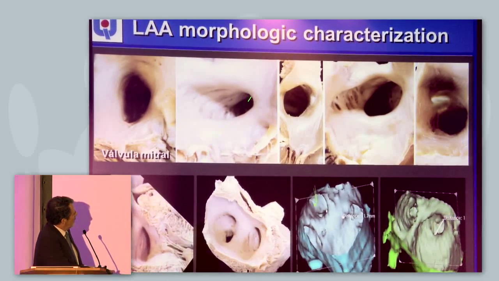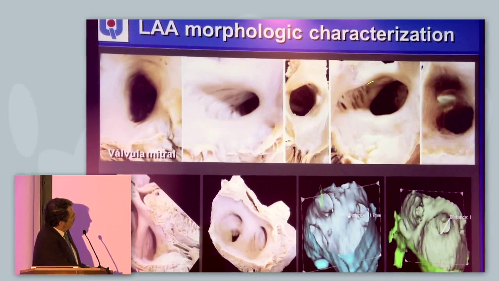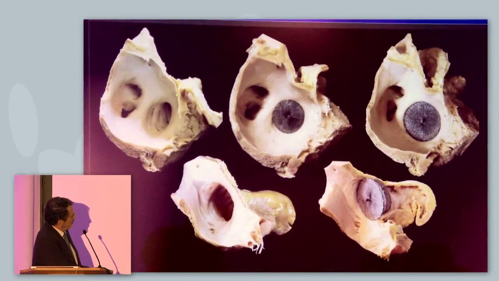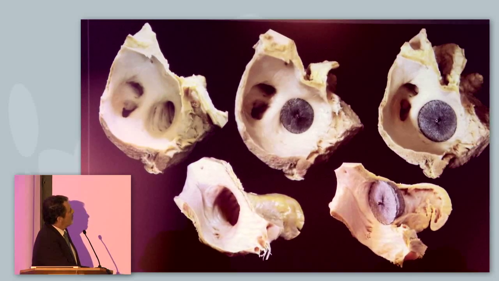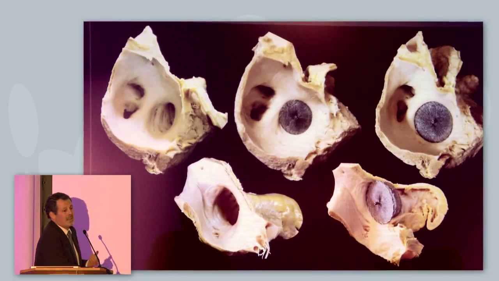Here you can see this ostium and this vestibule for entrance to the ostium of the left atrial appendage. It is necessary to characterize this ostium when we try to occlude the left atrial appendage.